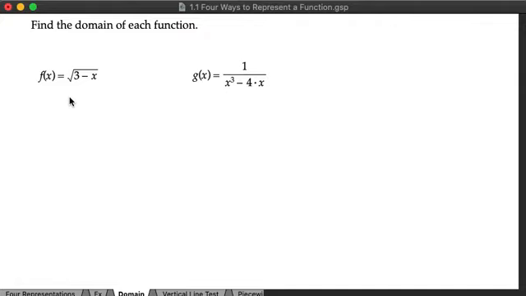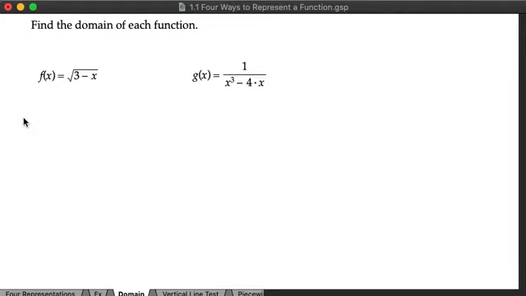So part of the definition of a function is what is the domain of the function. And if it is not specifically defined, and the inputs are real numbers, then we will take the domain to be all real numbers that can be put in this function.